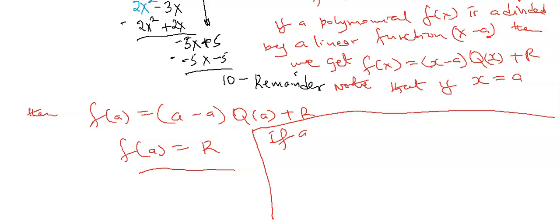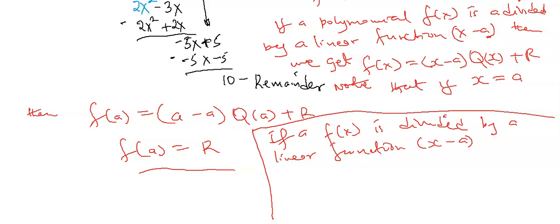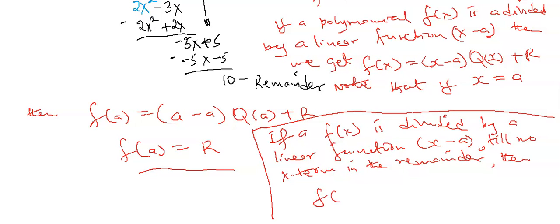If a polynomial f of x is divided by a linear function x minus a, and there is no term with x in the remainder, then the remainder r is equal to f of a. So that is the remainder theorem.